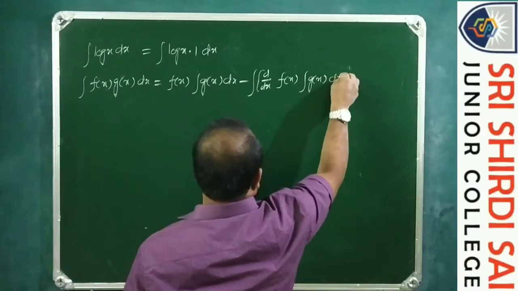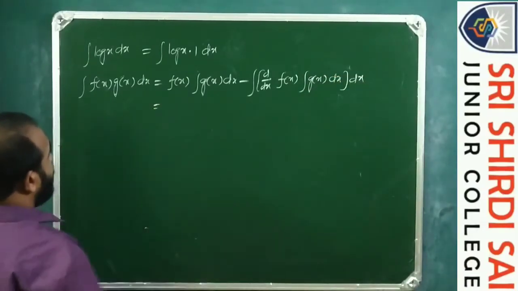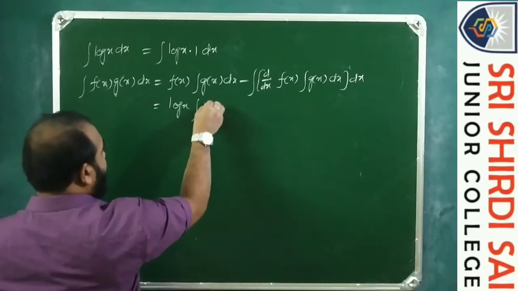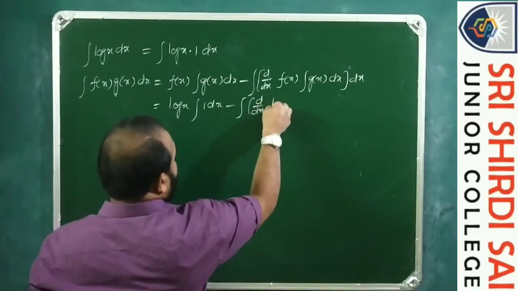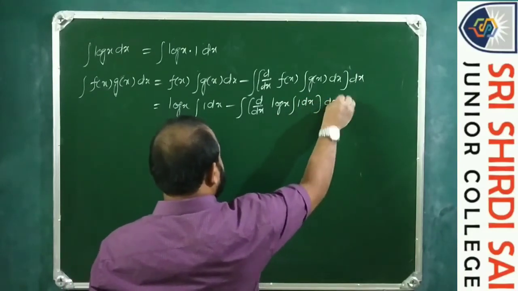dx, whole dx. So this is equal to f of x, which is log x, into integral 1 dx minus integral of d by dx of f of x, which is log x, into integral 1 dx, whole dx.